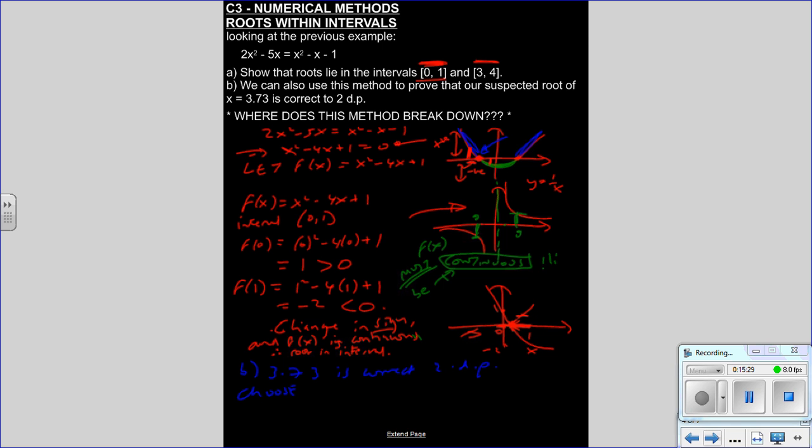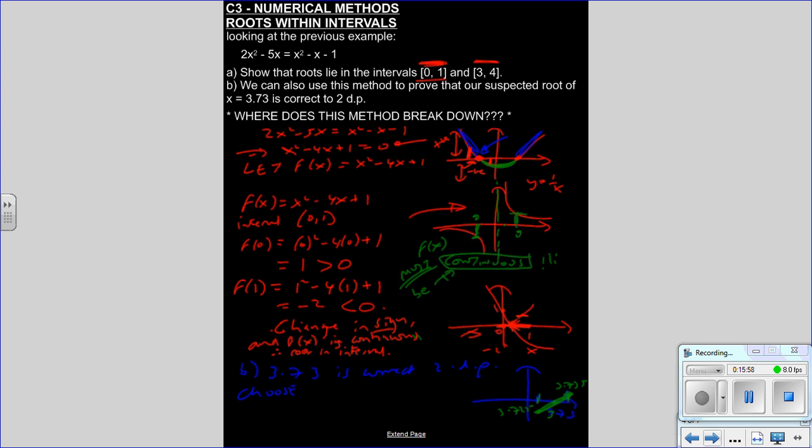If x equals 3.73 is right to 2dp, then just either side of 3.73, so let's say here's 3.73, just either side of it, i.e. its upper and lower bounds, so 3.735 and 3.725, the y must change in sign here as well because it crosses at that point.